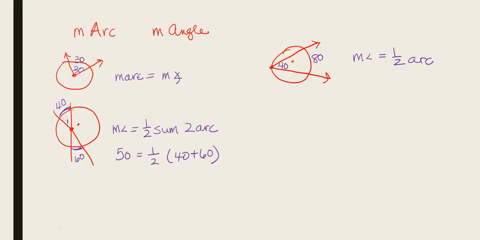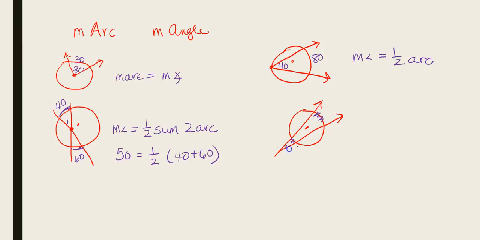And then finally, the last type of angle that you're going to run into is when the vertex of the angle is actually outside the circle. In this case, just like the interior angle, an exterior angle has a relationship between two arcs.